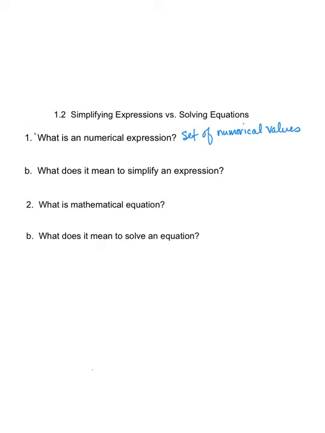Okay? So a numerical expression is a set of numerical values. Numerical values might be variables, might be numbers, whatever. So when I say numerical values, it's not just numbers. So it's a set of numerical values that are added or subtracted to each other.